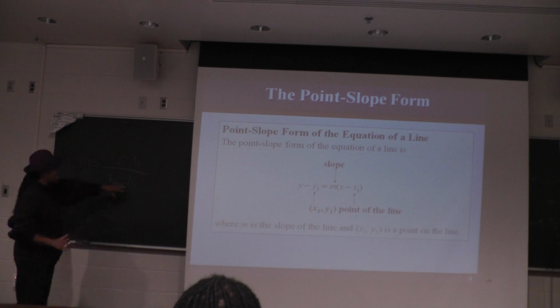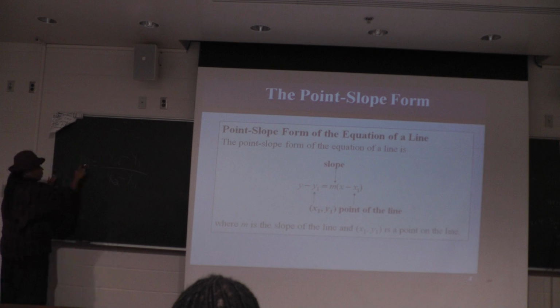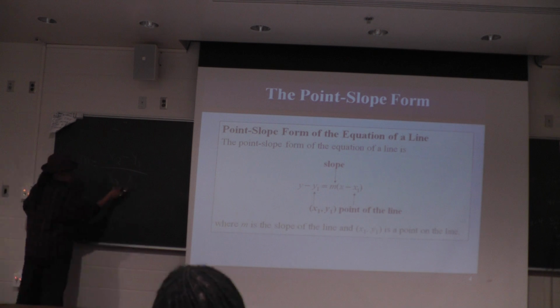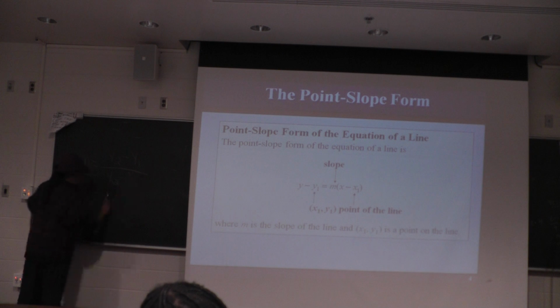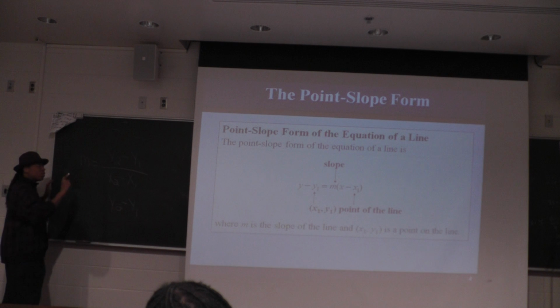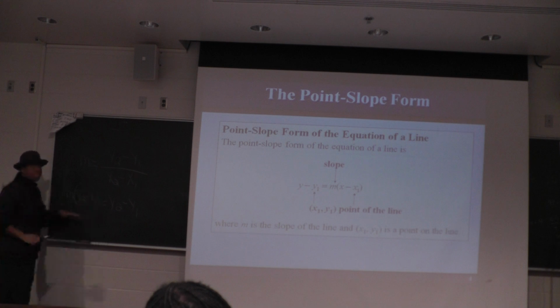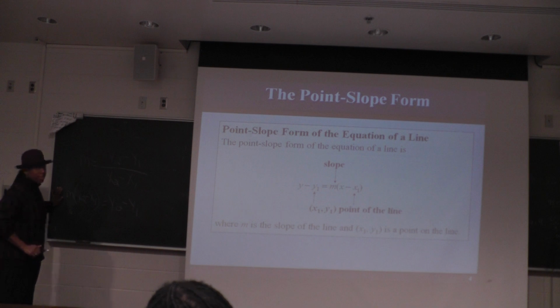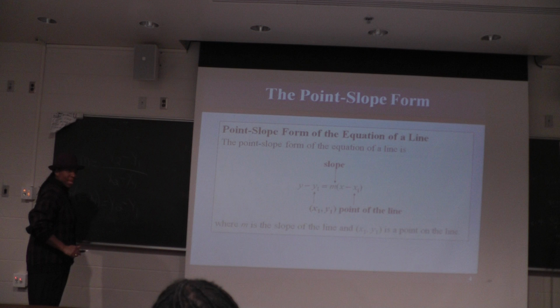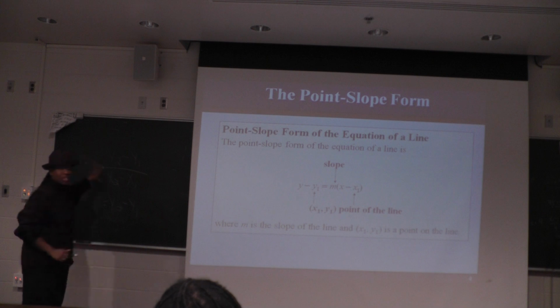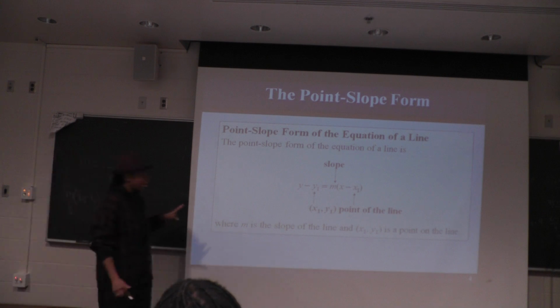And whatever you do to one side, you do to the other. So this is just really rewriting the definition of slope, okay? So this form is derived from the definition and just changing the form, okay?